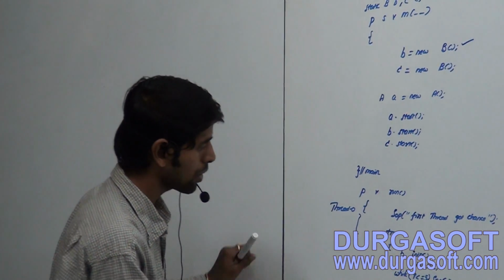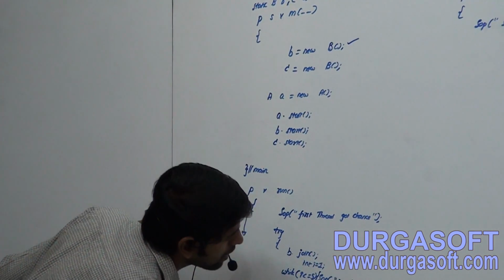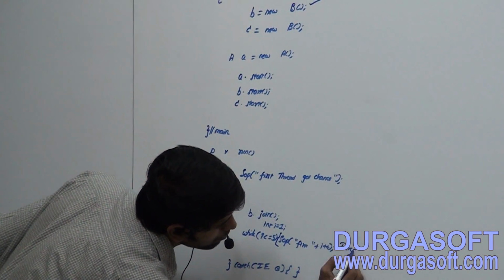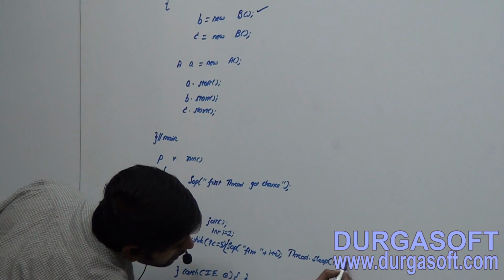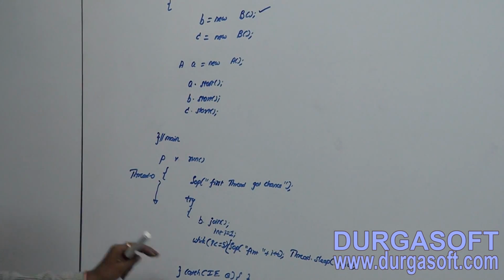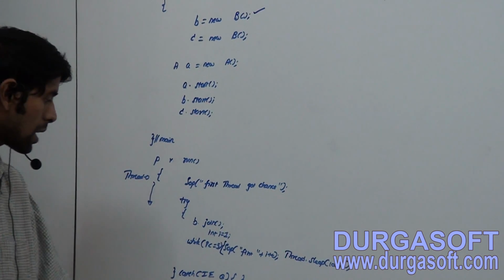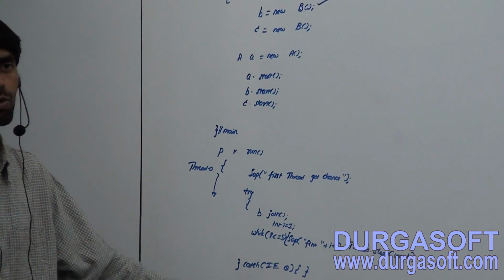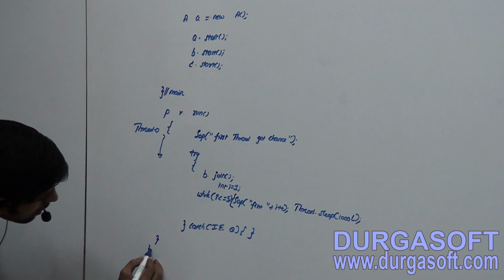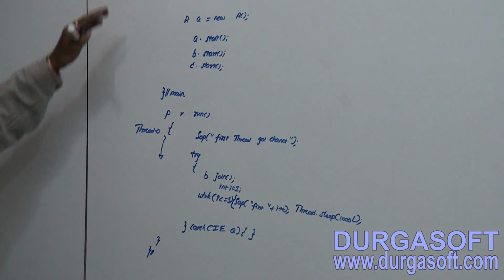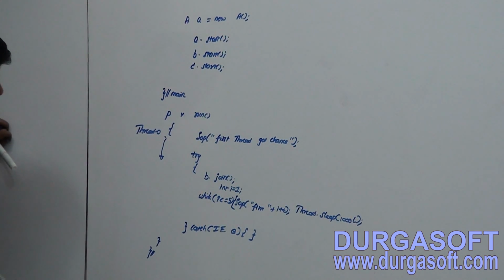And of course I am going to take Thread dot sleep for 1 second. Please focus. It is also going to throw a checked exception. For that also I have maintained a catch block. Now this is our A class run method.